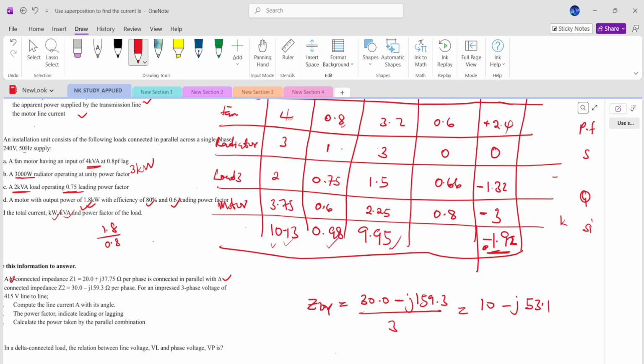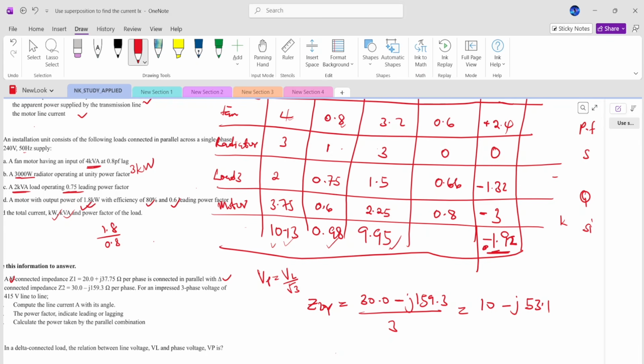It's now a star connected system, and we know for star connected, V phase is equal to V line over root 3, right?